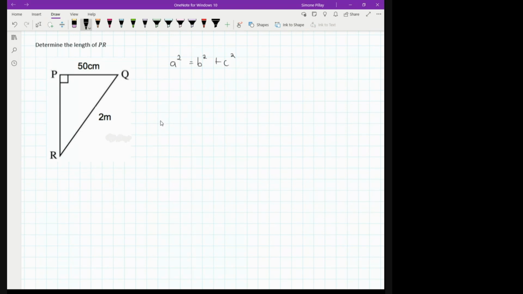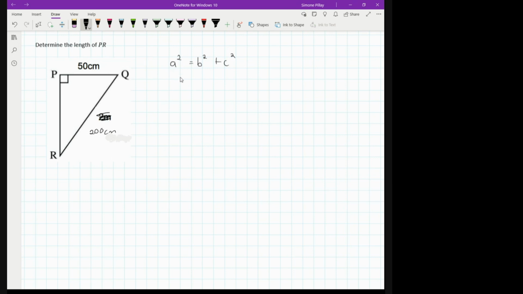It'd be 200. Okay, so how many centimeters are in a meter? I think 100. So that is how you got 200. You multiplied 2 by 100. And so let's immediately, we don't want our measurements in different units. So we're going to replace that with 200 centimeters. Try again.